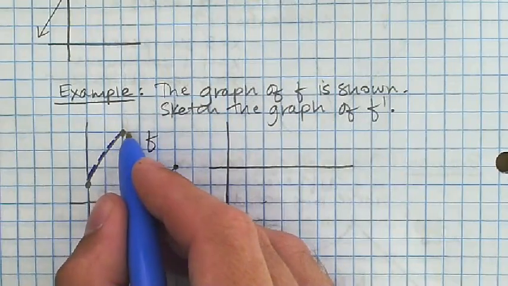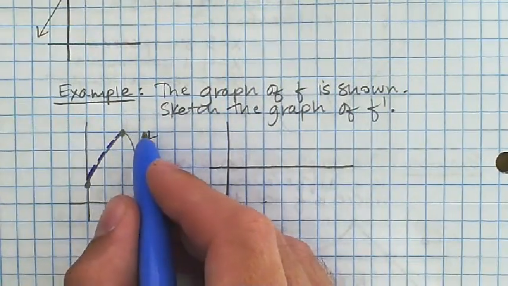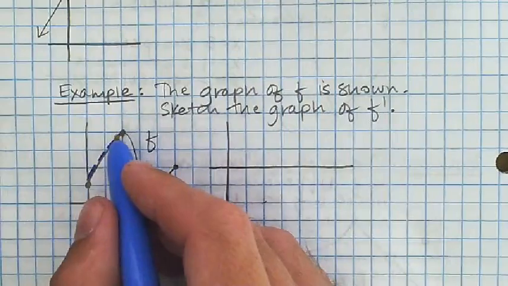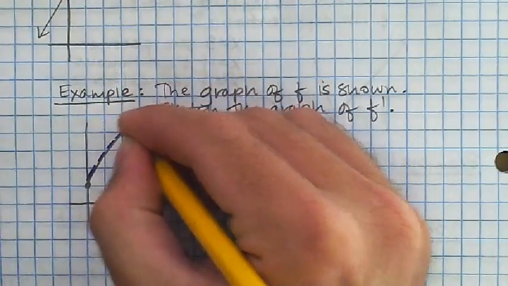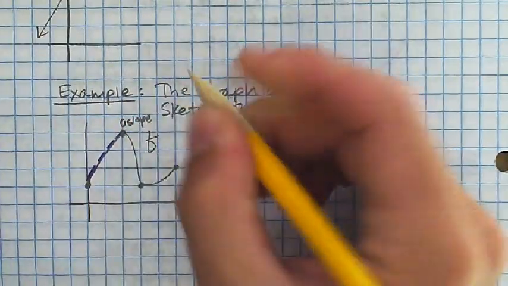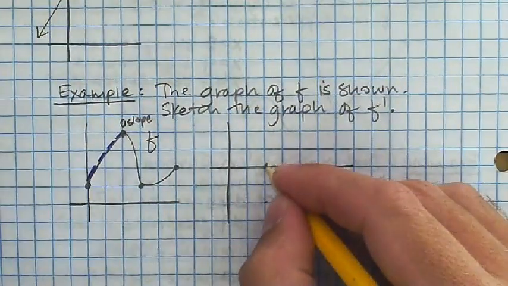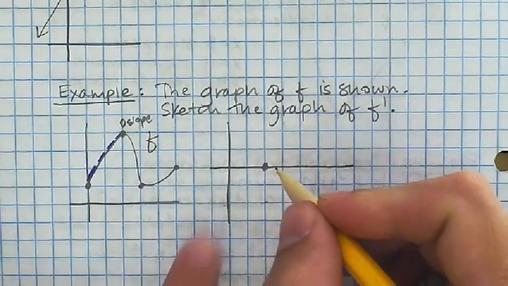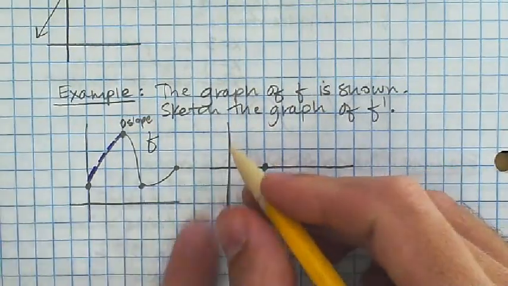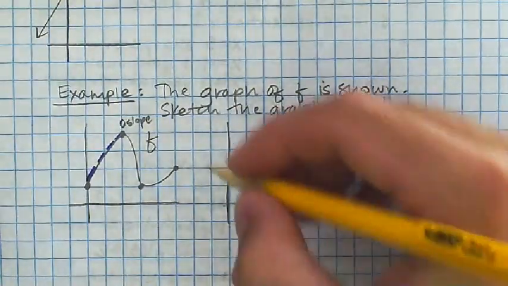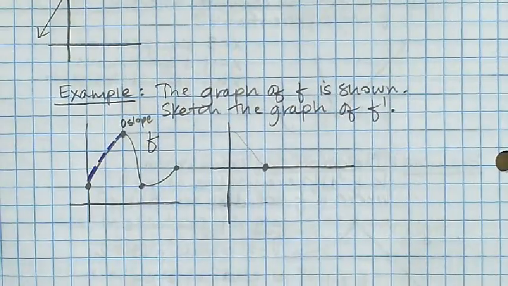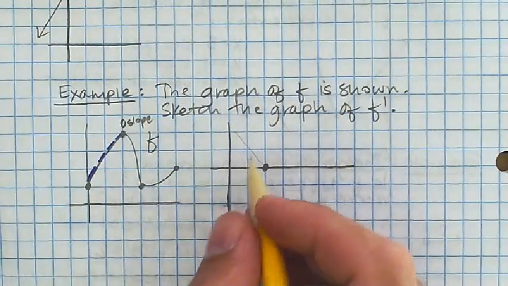A horizontal line has no rise for a given run, meaning it has slope 0. So at x equals 2, the value of the derivative is 0. Before, it's positive, but it's getting flatter, so it's decreasing towards that. So maybe something like that. It does not have to be a good sketch.